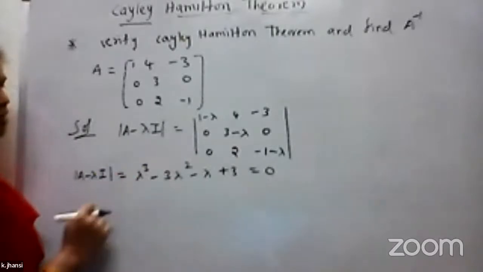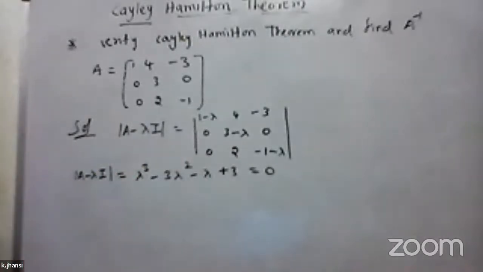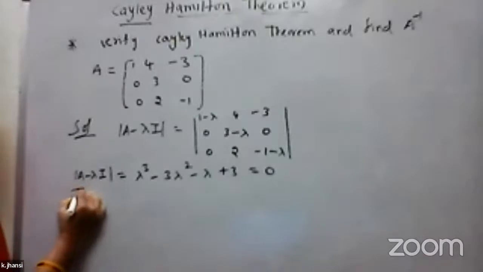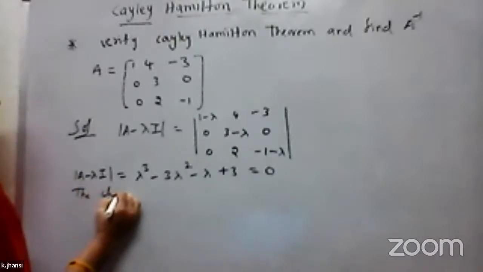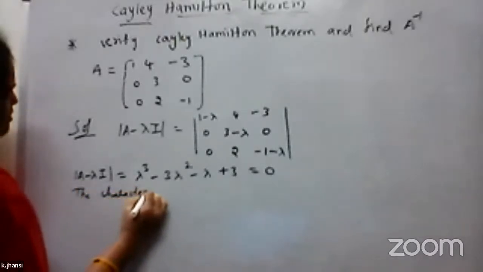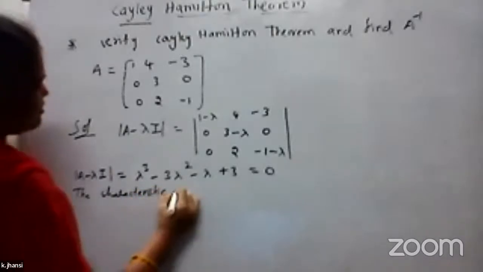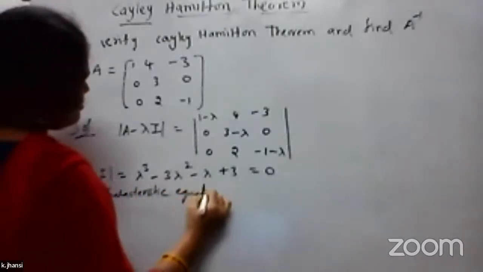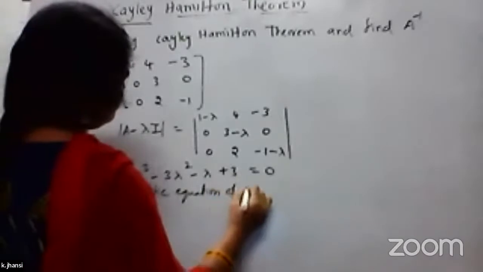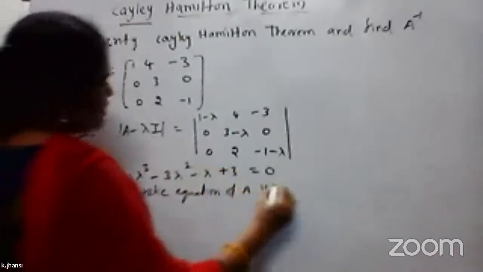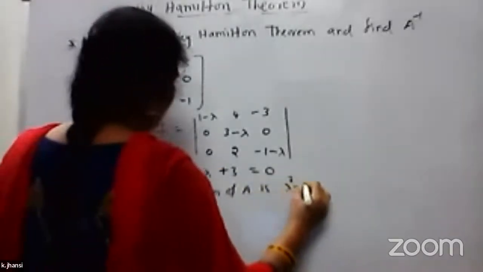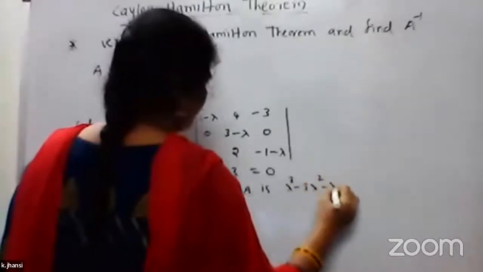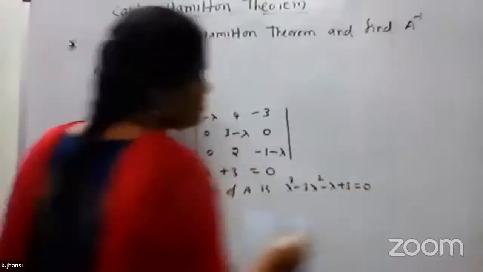Okay, lambda cube minus 3 lambda square minus lambda plus 3 equals to 0. You can write the characteristic equation as this one, that is lambda cube minus 3 lambda square minus lambda plus 3 equals to 0.